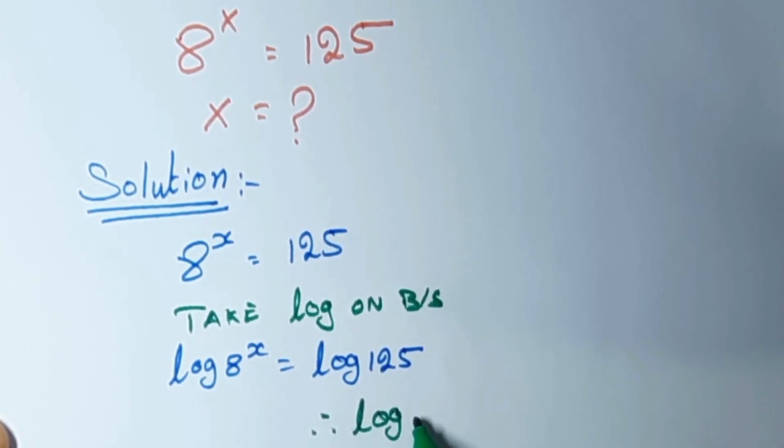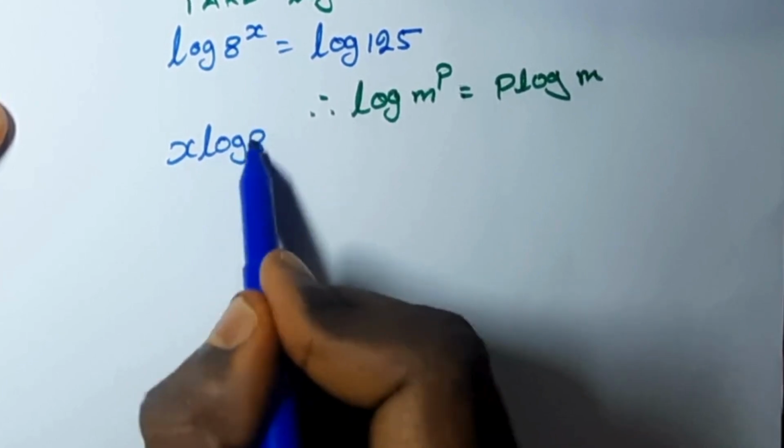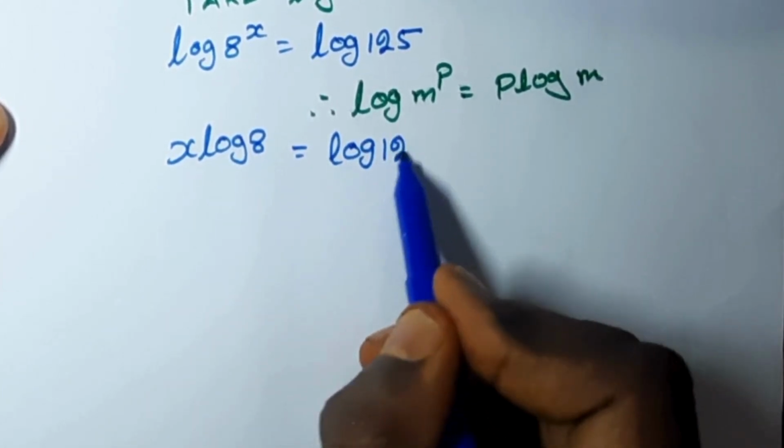Log m to the power p equal to p log m. So x log 8 equal to log 125.